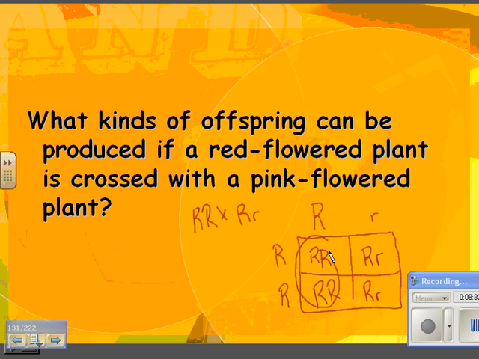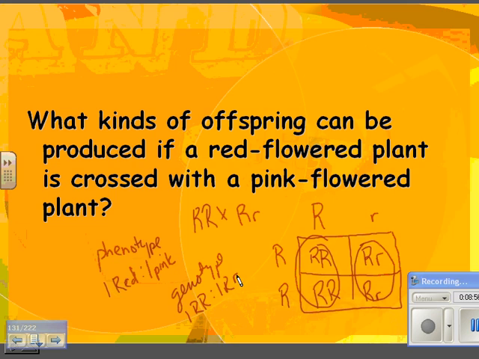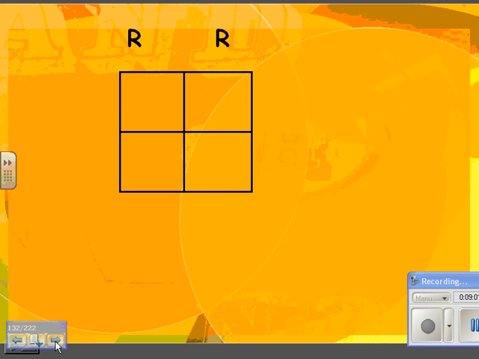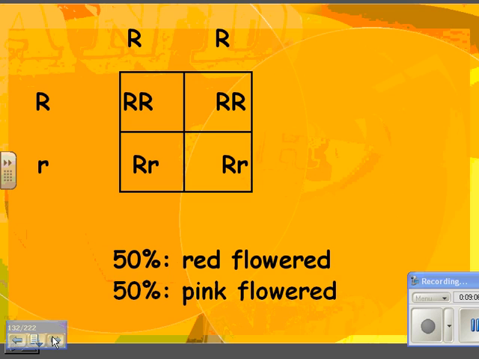So 50% of them will be red, and 50% of them will be pink. So if you want the phenotypic ratio, it would be 1 red to 1 pink. So for every 1 red, you get 1 pink. If you want the genotypic ratio, it would be 1 big R, big R to 1 big R, little r. 50% red, 50% pink. Again, that's the phenotype because it's what they look like.